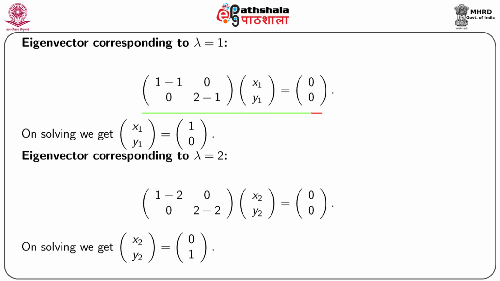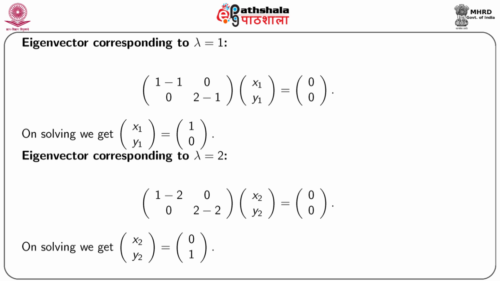Now, if you solve this, you will get two equations: 0 times x1 plus 0 times y1 equal to 0, and 0 times x1 plus y1 equal to 0. From the last equation, we get y1 equal to 0, but we cannot conclude anything about x1.